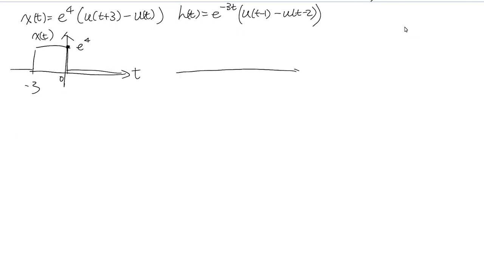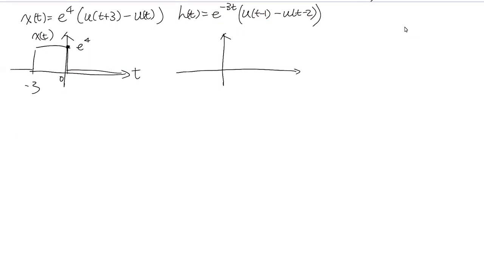The other function is h of t. h of t is an exponentially decaying function e to the minus 3t, multiplied by a rectangular window that has values between 0 and 1. Between 0 and 1 it is 1, and in other places it is 0.